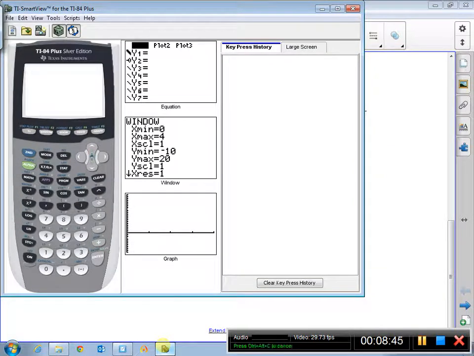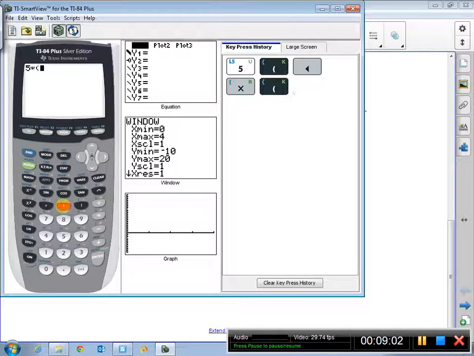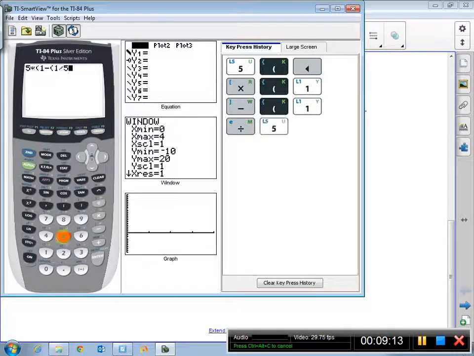So we have 5 times 1 minus, the board is not reacting very well, 1 minus, and I'm going to put this fraction in parentheses, 1/5, I could have used 0.2, to the 8th power, okay, there we go.